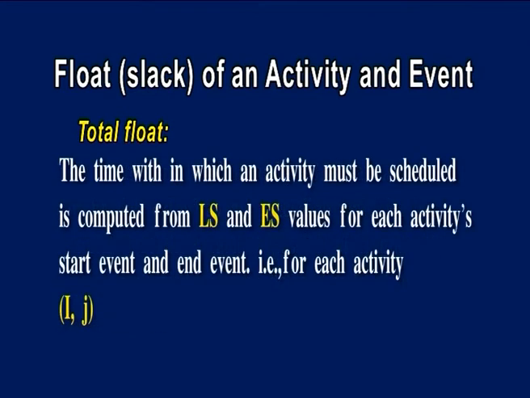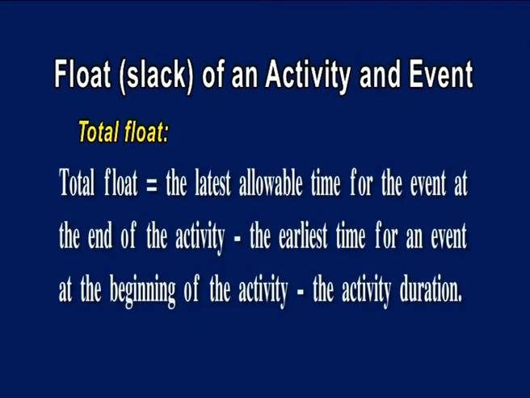The time within which an activity must be scheduled is computed from Ls and Es values for each activity start event and end event. That is, for each activity ij, the total float is equal to the latest allowable time for the event at the end of the activity minus the earliest time for the event at the beginning of the activity minus the activity duration.